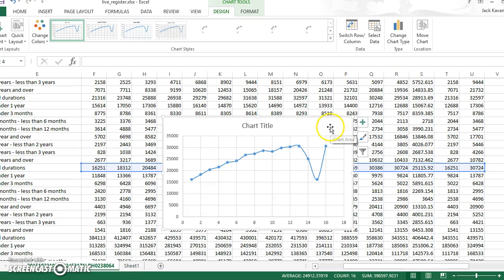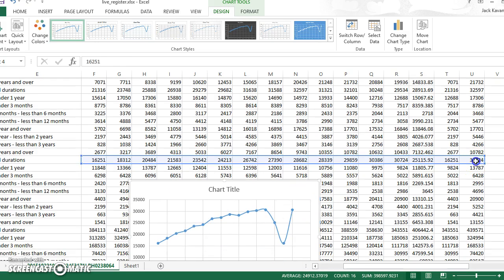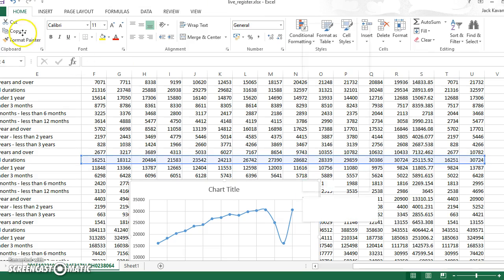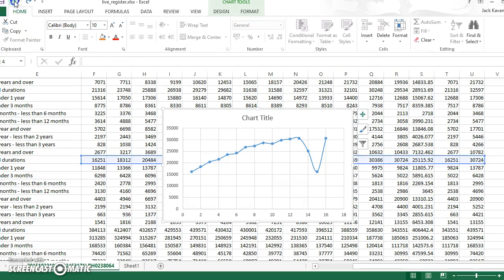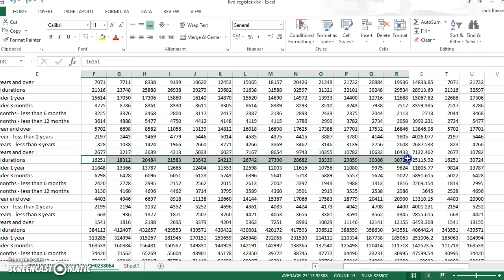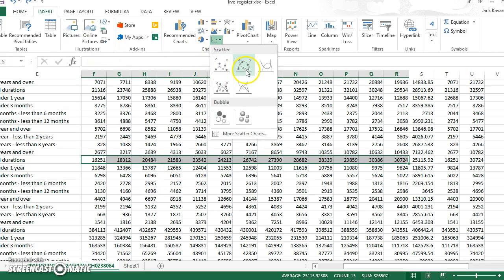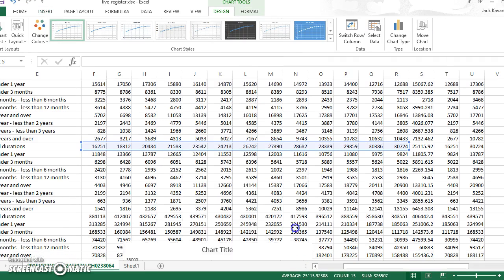Put into a graph, this is the graph of all the people on state pensions in the country.